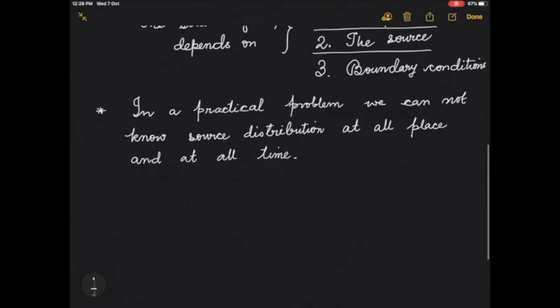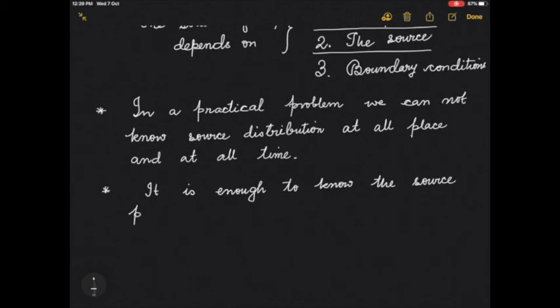So it turns out that it is enough to know the source properties inside a finite volume.